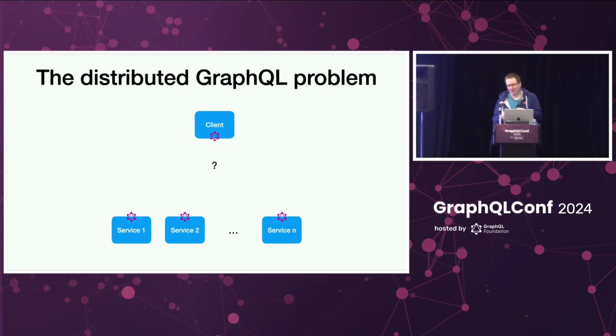You have end services, they all have their own GraphQL API. But you want to have one API presented to the consumer, right? Because GraphQL is all about having one endpoint, having the ability to select exactly what you want with fewer round trips than traditional APIs. So you need a way of consolidating all of these different GraphQL APIs and presenting one API to the consumer.